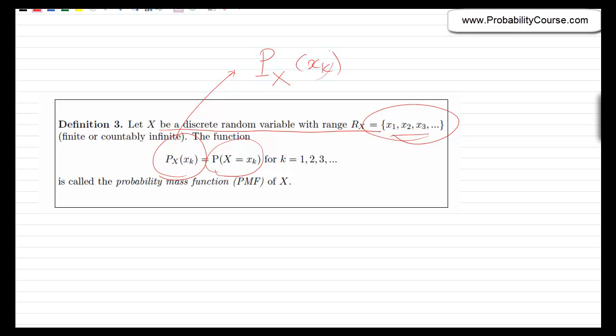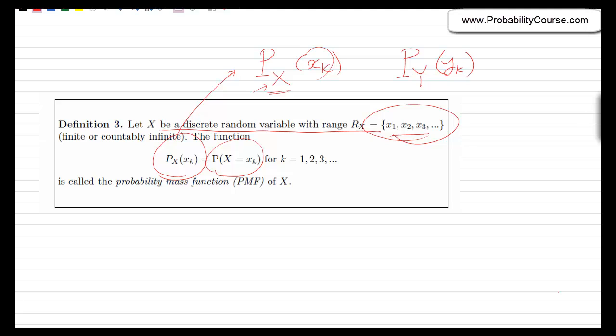So this is a function, so this is the argument of the function. This X here tells me that this is a probability mass function for the random variable X. So if I want to give you the probability mass function for the random variable Y, then I have p_Y of, let's say, yk, and so on. We will look at an example to make sure that we understand this notation.